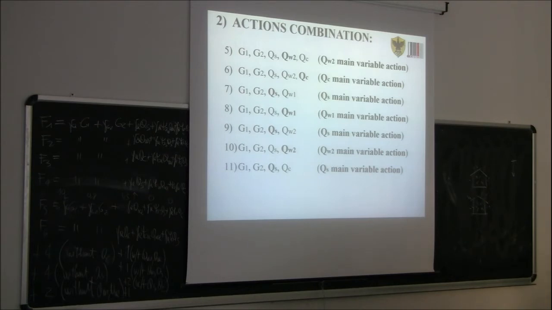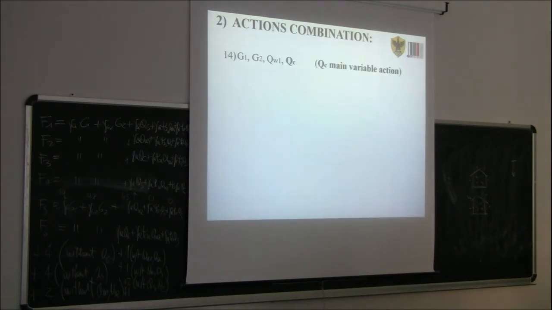Then we take away the wind. So we have two load conditions, QS and QC, when we swap the basic value. Then we take away QS. So we have QW1 and QC. And QW2 and QC.